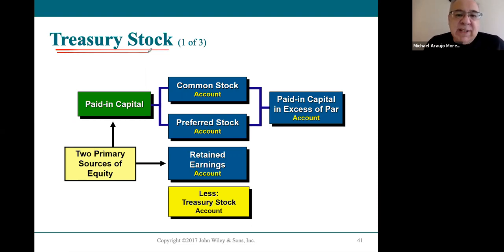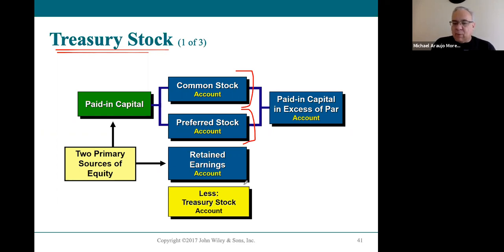Treasury stock, however, is different than what we've just learned. Common stock represents ownership. It has voting rights and rights to dividends. Same thing for preferred stock, which represents ownership. They don't have voting rights, but they certainly have preference in terms of dividends.